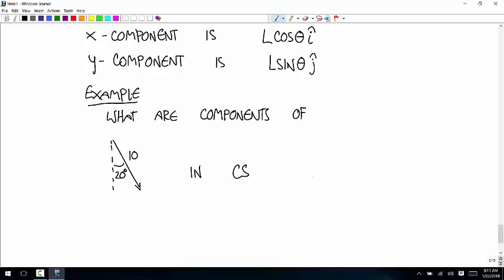And we'll put it in a coordinate system. Let's put it in the one we're used to. And actually, then let's do it in a wacky one.